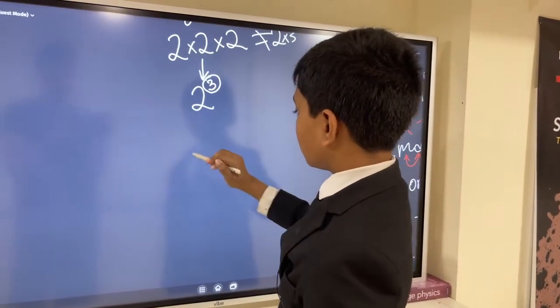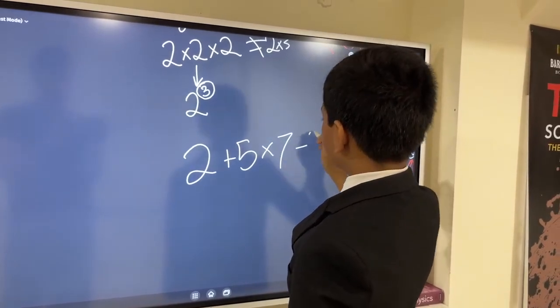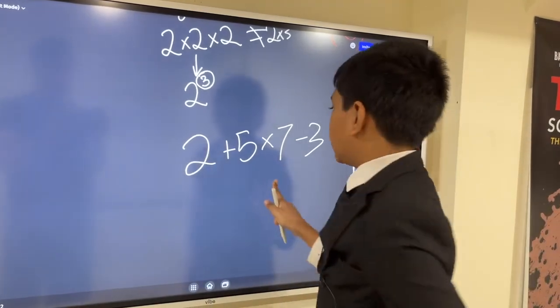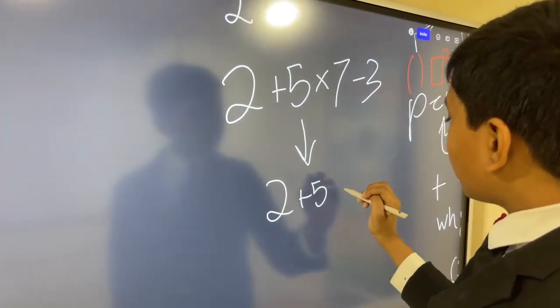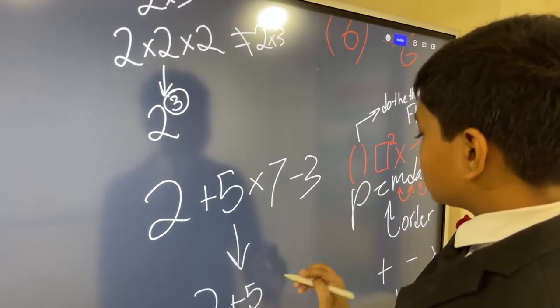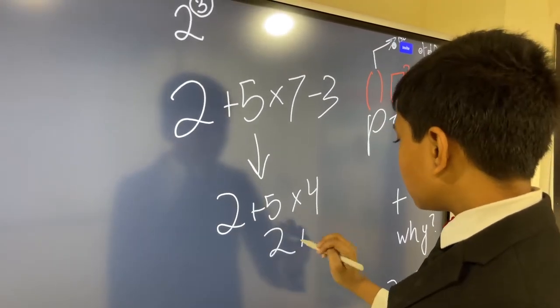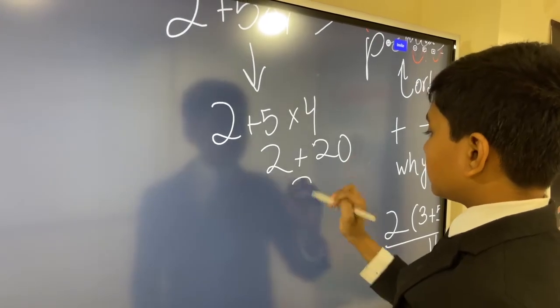So 2 plus 5 times 7 minus 3. Let's see. There might be two answers to this. One person might go, hey, this is the same as 2 plus 5 times 7 minus 3 is 4. Then 2 plus 5 times 4 is 20. 22.